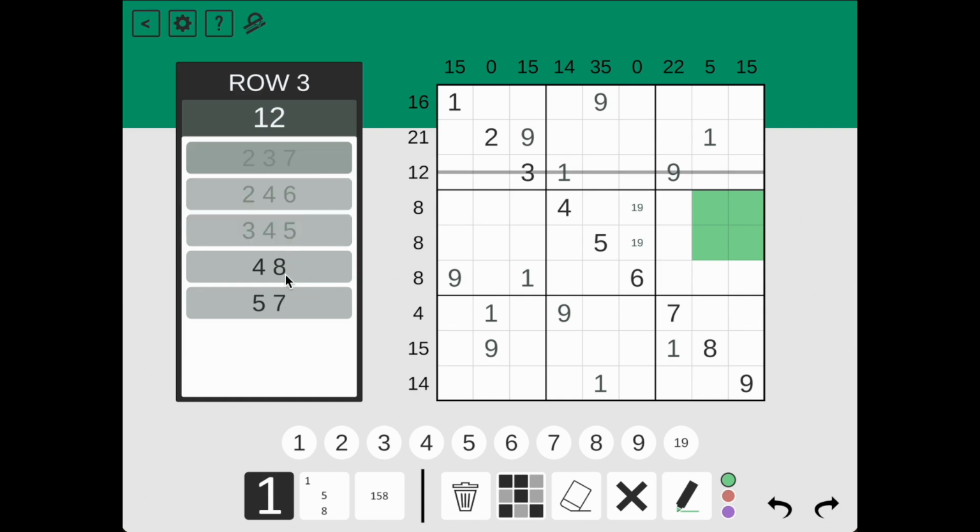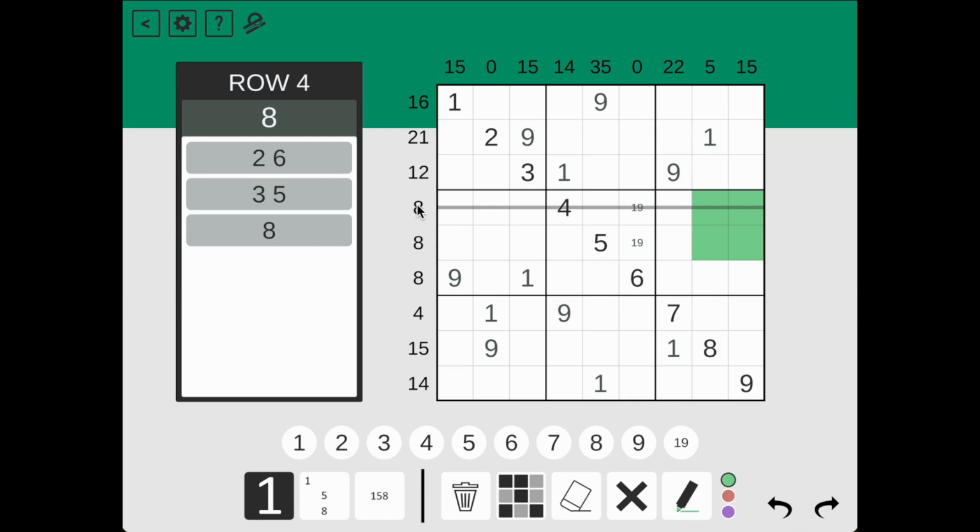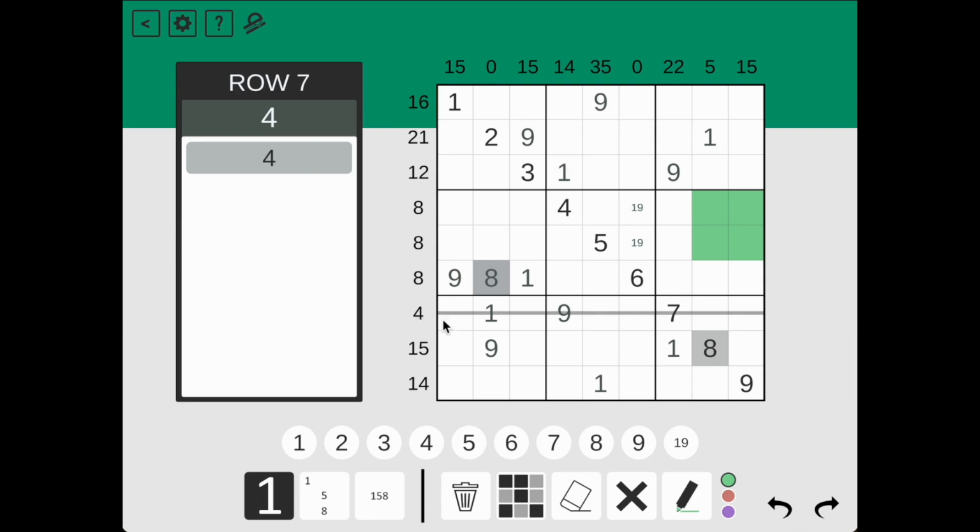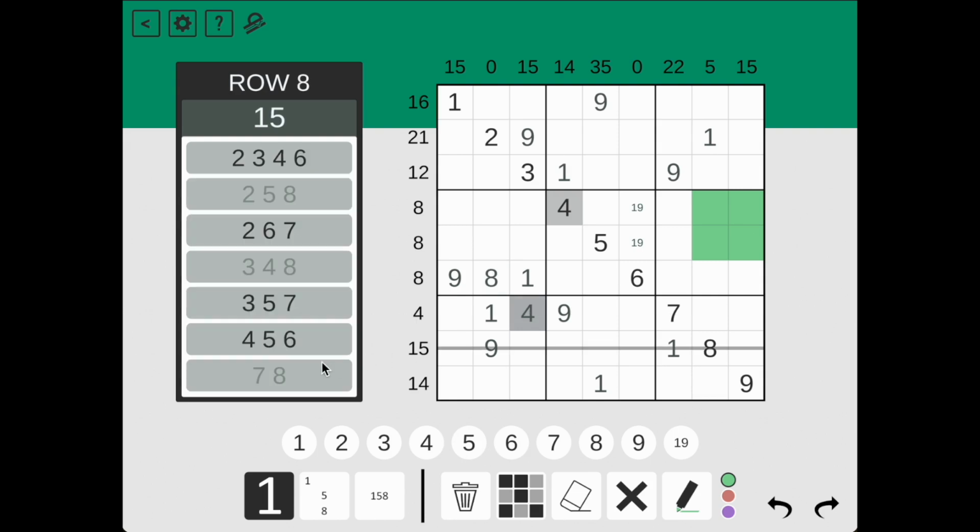So it's one of those. And I don't know here. I don't know here. Okay, here there's an 8 between the 1 and the 9. Here there's a 4 between the 1 and the 9. Here I have 4 digits that add up to 15, which is 2, 3, 4, and 6.